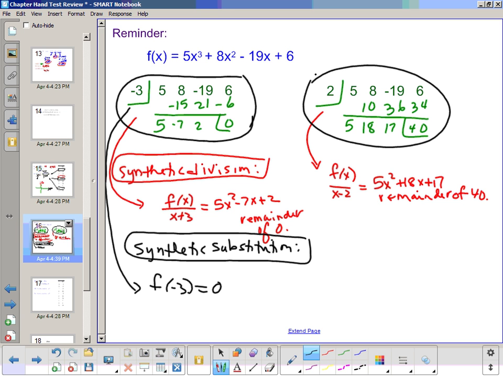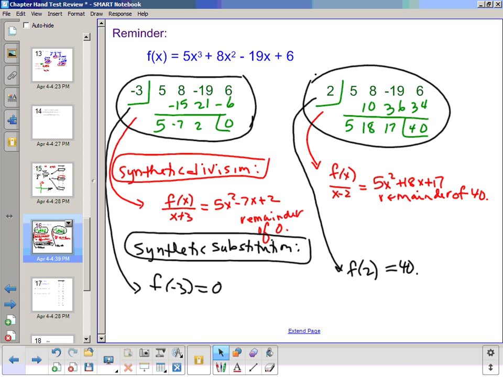And on the right, what we've shown is that f of 2 equals 40. It's the same work. It just depends on what we're looking for. And I'd like to take this opportunity to mention that what this illustrates is the remainder theorem.